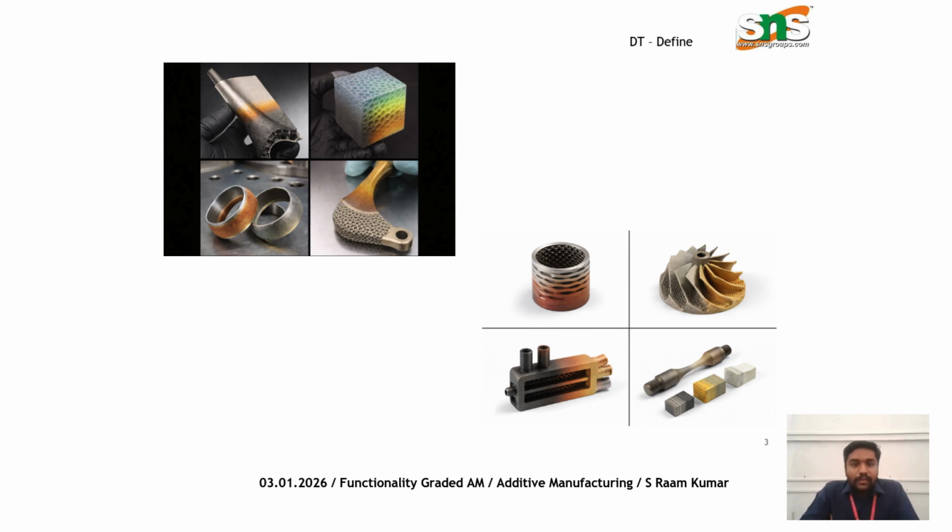The second one will be the definition. To define the functionally graded material, any product or application oriented component can be easily developed by using additive manufacturing with the help of SLS, selective laser sintering, and SLM, selective laser melting.